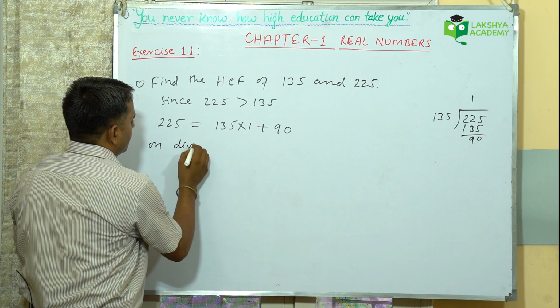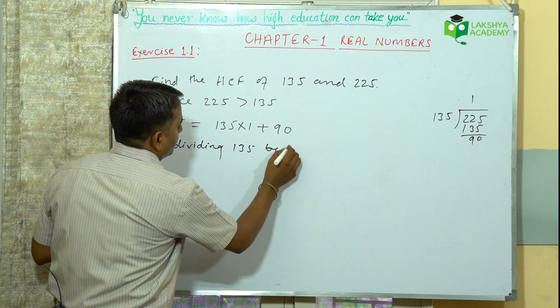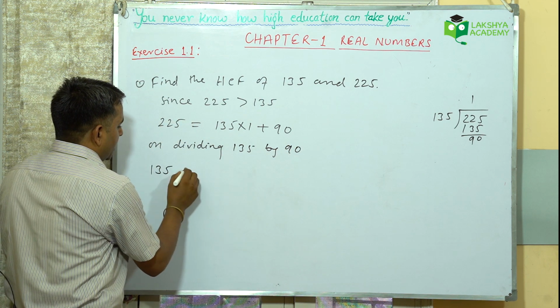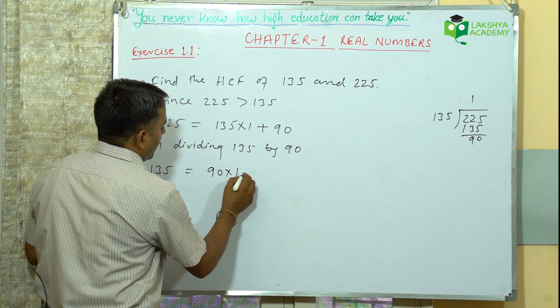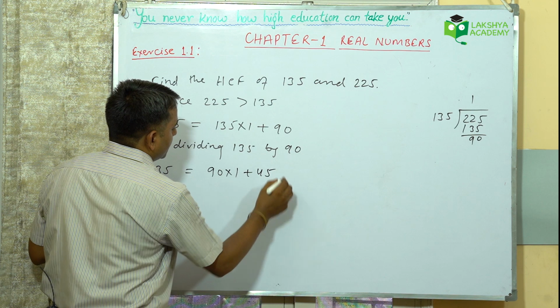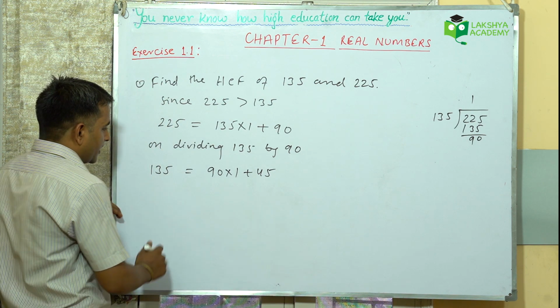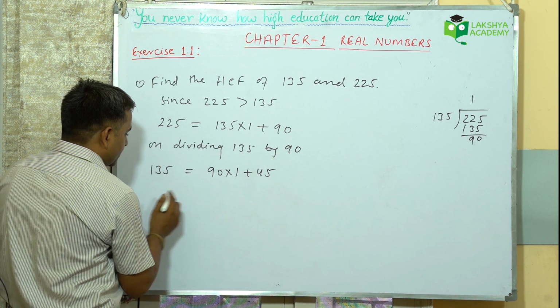On dividing 135 by 90, this is 135 equals 90 into 1 plus 45. Again the remainder is not 0, it is 45. So again we will divide this divisor by the remainder.